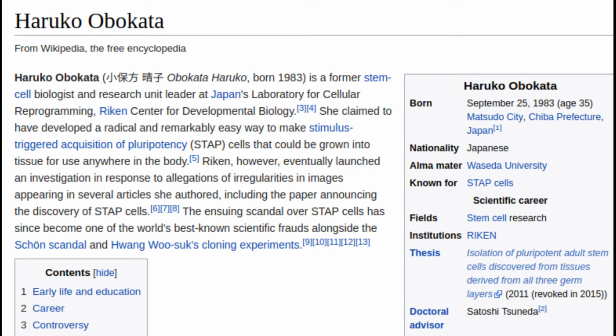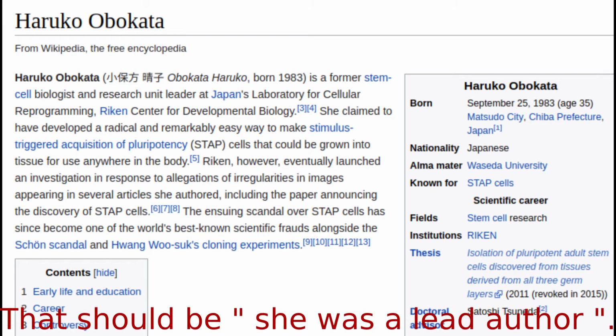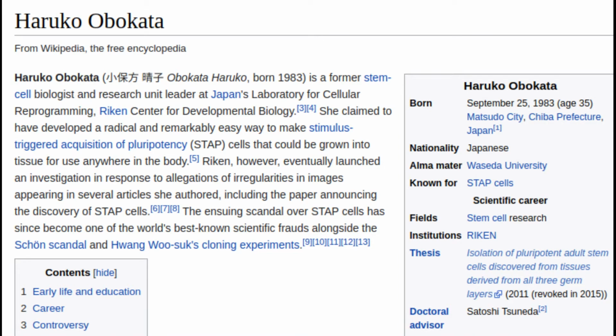In March 2014, he was involved as a lead author in publishing 2 high-profile papers in Nature, describing a method for converting adult stem cells in mice into pluripotent stem cells by means of a chemical process.